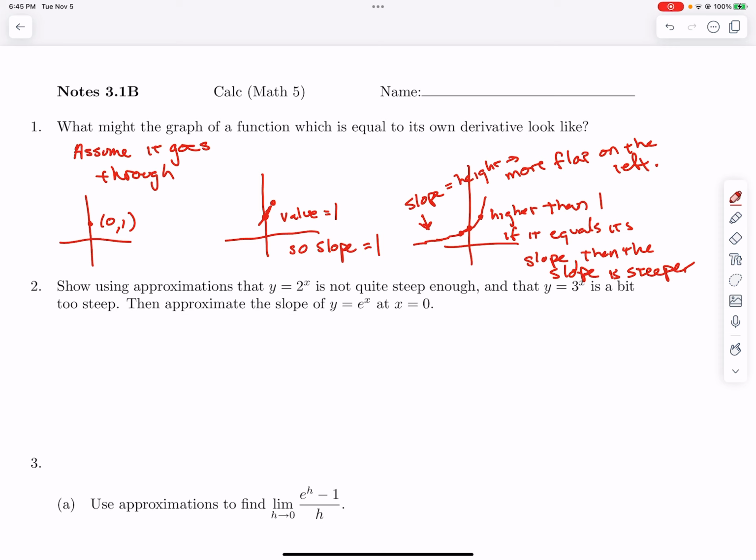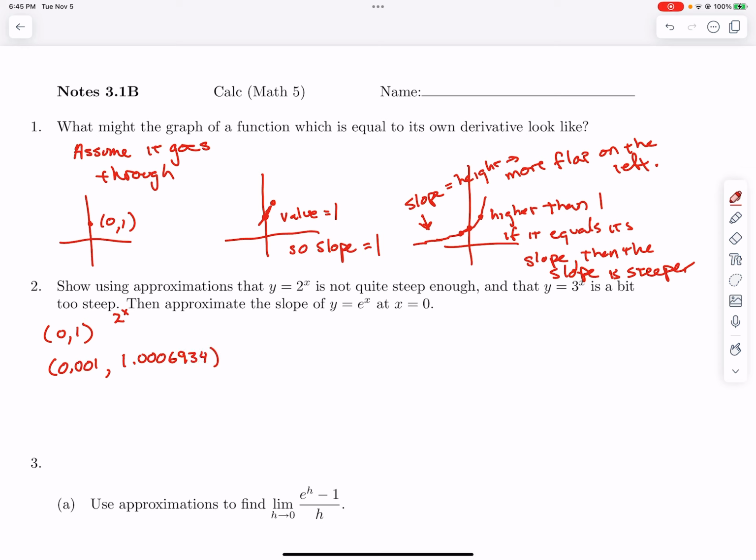Let's just take a look at 2 to the x. I'm going to go through (0, 1). Let's label this as 2 to the x. And then through 0.001. Calculator says trace that, 1.0006934, whatever. What is that?